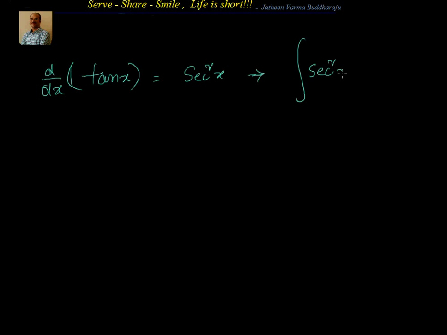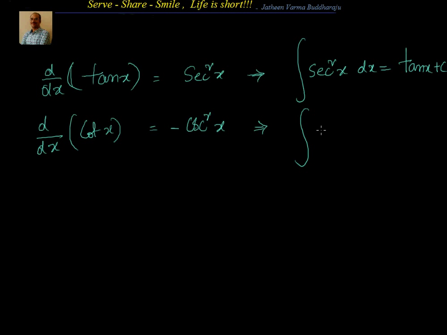Let's do some more. We know the derivative of tan x is secant square x. I can say d by dx of tan x is equal to secant square x. So I can write down the integral of secant square x dx is equal to tan x plus c. Similarly, d by dx of cot x is equal to minus cosecant square x.